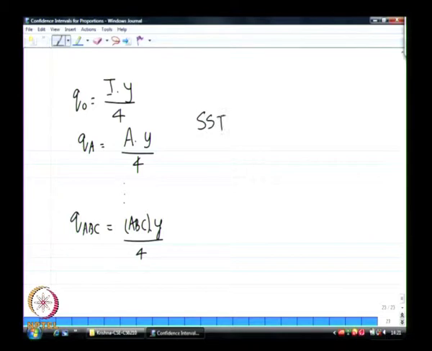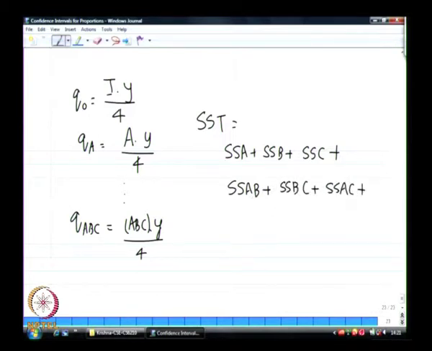And then your SST has more terms: SSA plus SSB plus SSC, the individual factors, then the combination factors. The rest of the analysis is ditto.